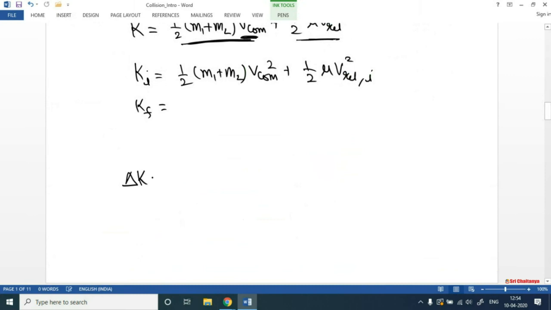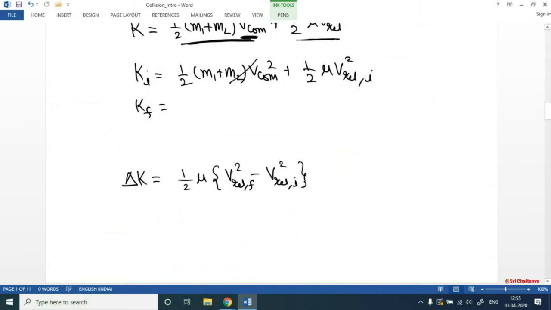So delta K would be simply, this term will get cancelled over here, and that would be nothing but half mu into v relative final square minus v relative initial square.